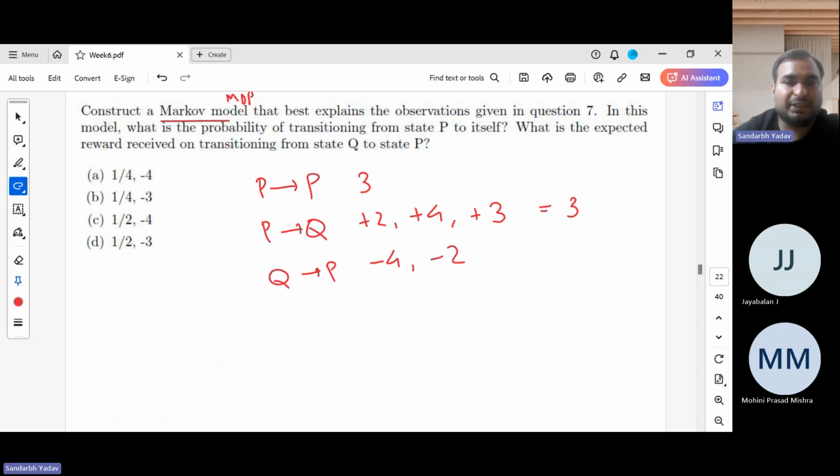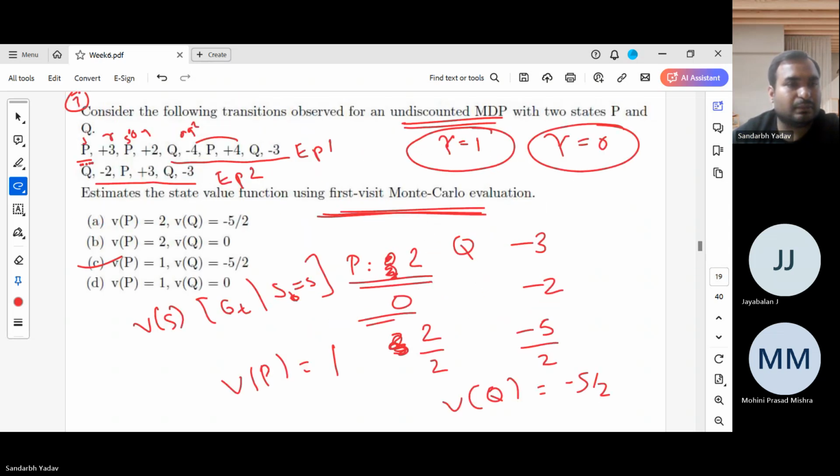Again we need to take the average, so it will be -3. Now Q to Q. Let's see Q to Q. This is Q to P. Okay, Q to P again. So we are not moving from Q to Q at any time.